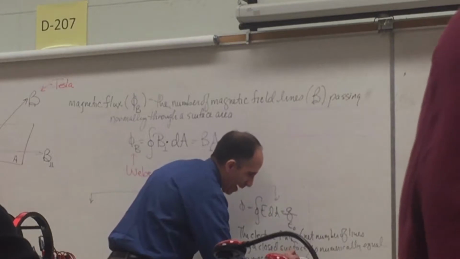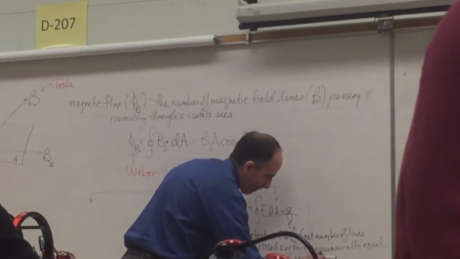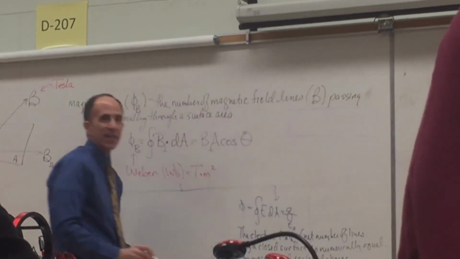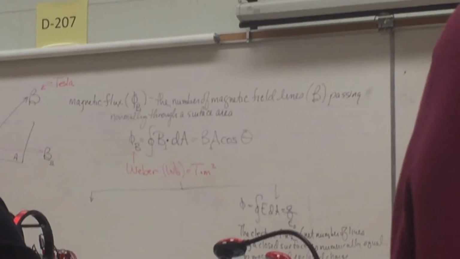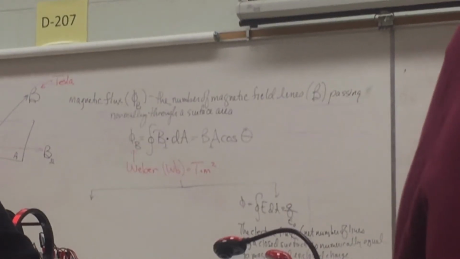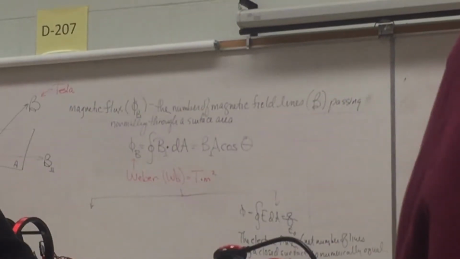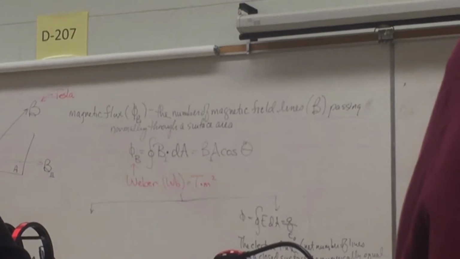This is Gauss's law: the electric flux, the net number of lines crossing a closed surface, is numerically equal to the magnitude of the enclosed charge. In simplest terms, yes, no, maybe?